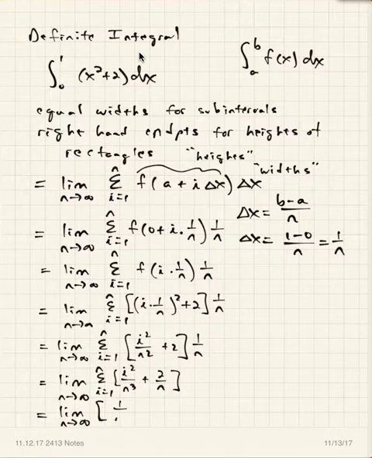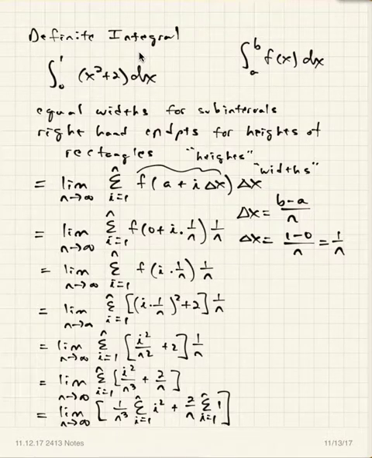So you have 1 over n cubed times the sum as i goes from 1 to n of i squared. Remember, i is the variable for these sums, and so you can't take that outside of the sum. And there's no variable in the second term, so this is just 2 over n times the sum as i goes from 1 to n of 1, like so.